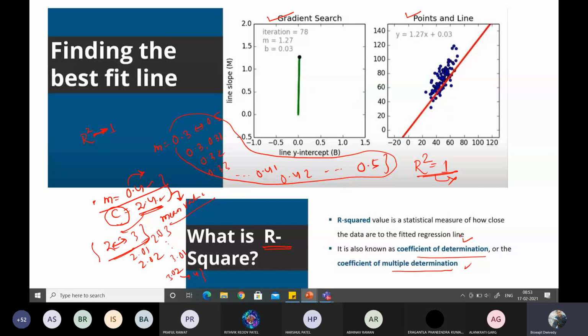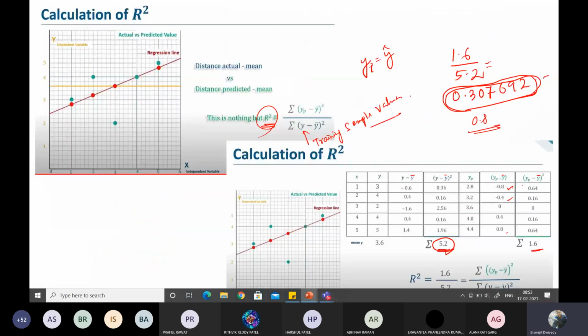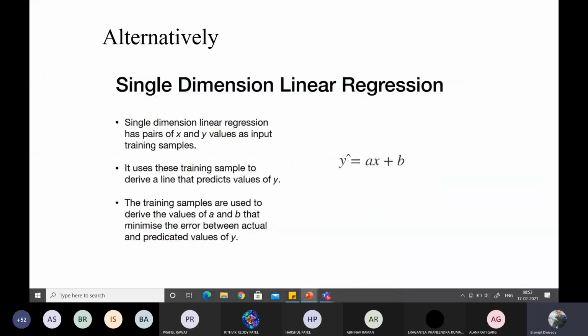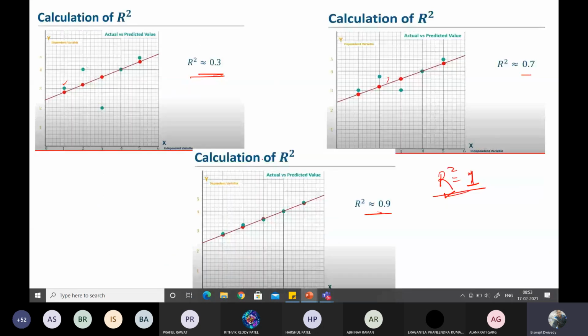Next, once we have our final regression line, we can go for our prediction. Prediction means, here you can see only in your x, or independent variable, 5 points have been mentioned. Once we have our regression line, we can predict the value of any independent variable.